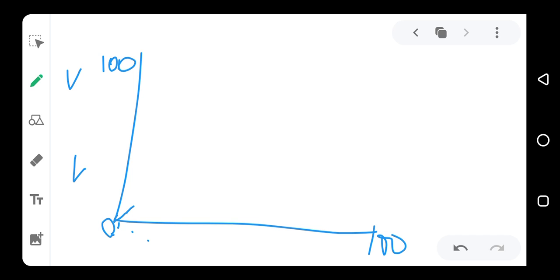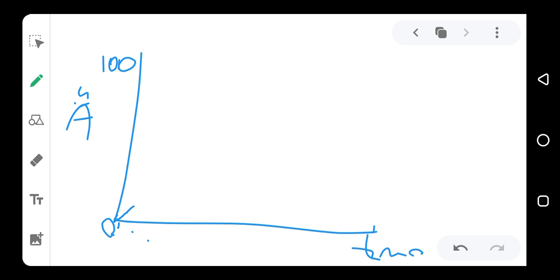So the changing of the distance, this represents distance covered with time. Let's say this one is distance or displacement, and this one is time.